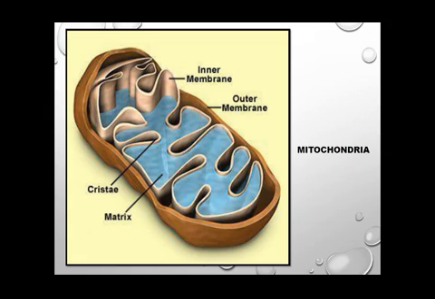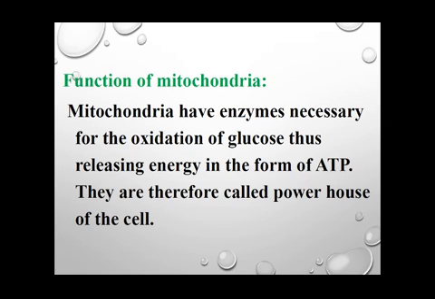So many of the important metabolic pathways or biochemical reactions in our body take place inside mitochondria. It is a very important cell organelle, and you will be studying all these biochemical pathways or different metabolic activities in detail in your higher classes.